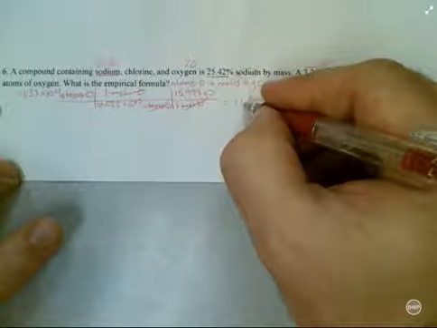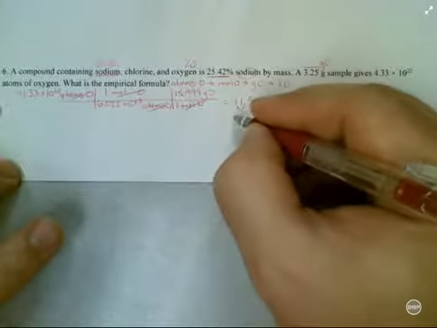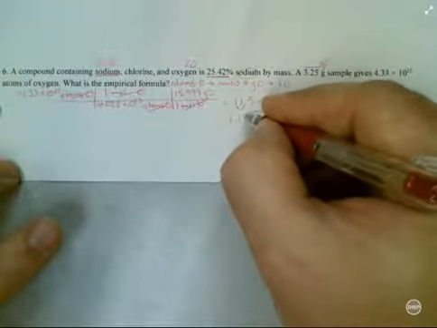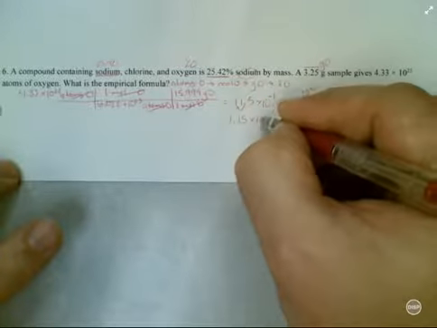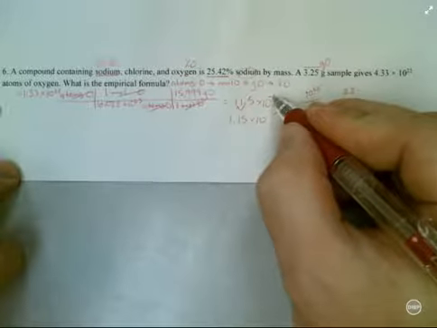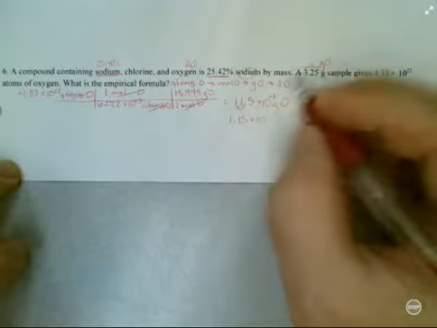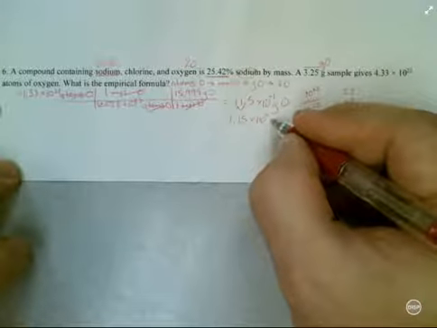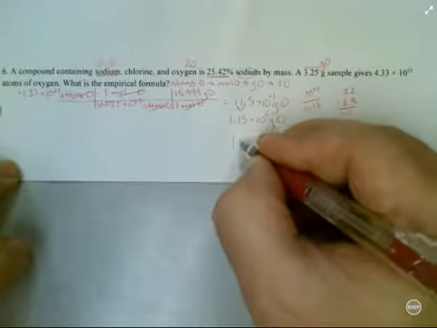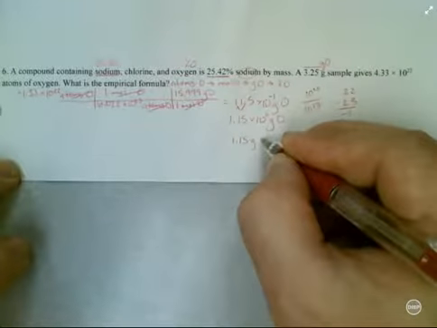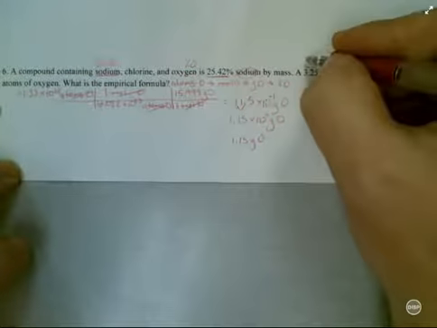So because this has gotten too large to be in scientific notation, I'm going to move that decimal 1 place to the left, and I am going to make the exponent 1 larger. That's going to be times 10 to the 0, which is the same thing as 1.15 grams of oxygen.